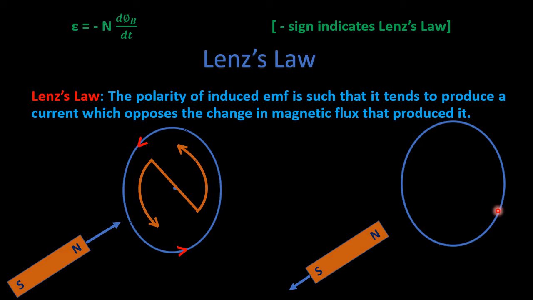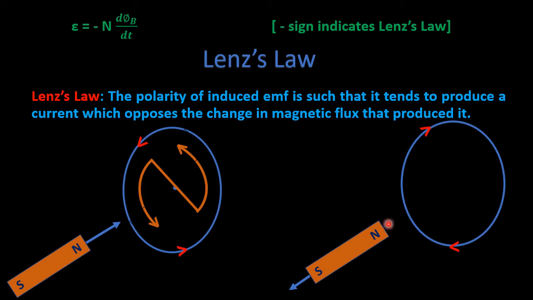So let me give the direction of the induced EMF. This is the direction of the induced EMF which shows clockwise direction, and the south polarity of the magnetic moment will be facing the receding north pole of the bar magnet. So this side will be the south polarity and this side will be the north polarity.